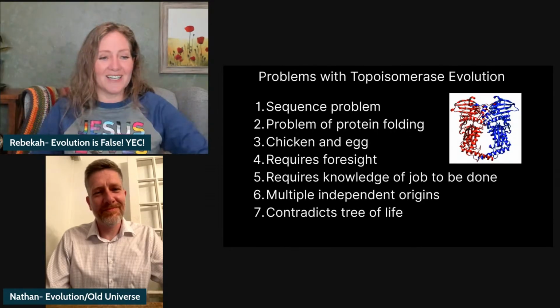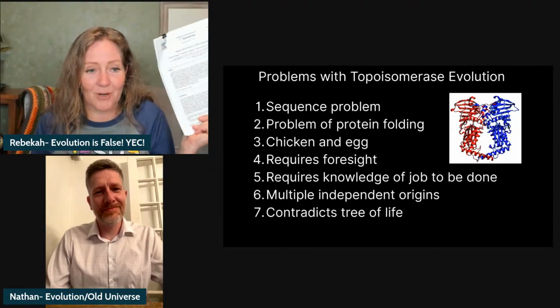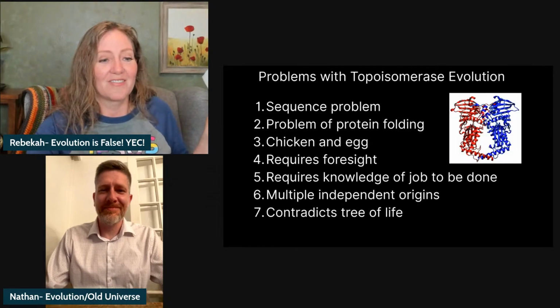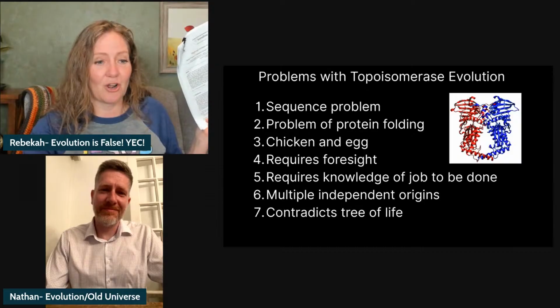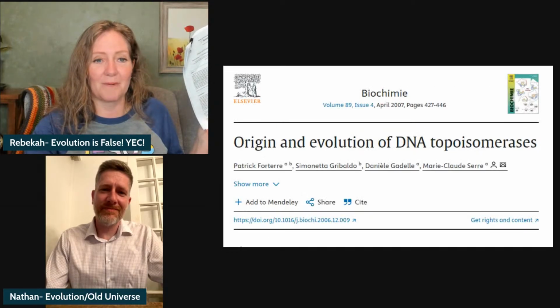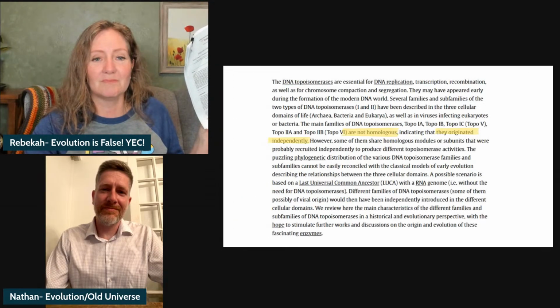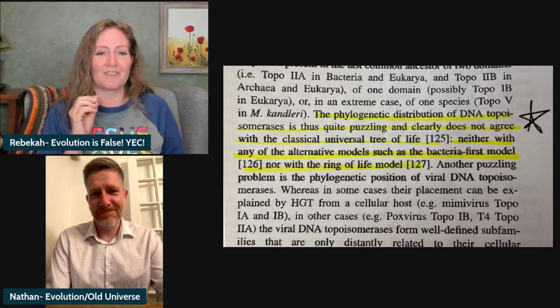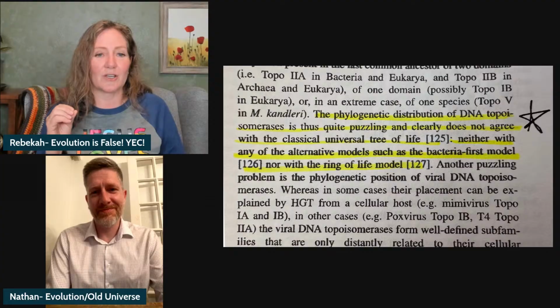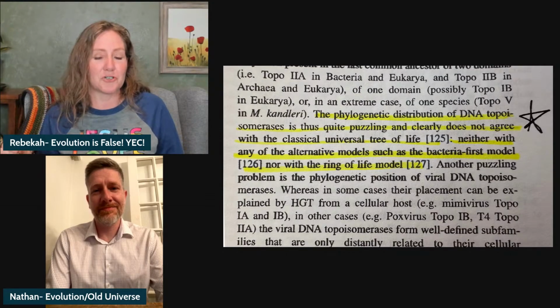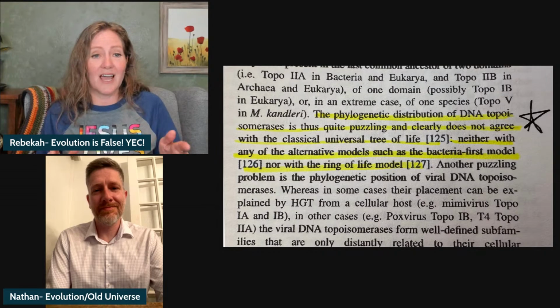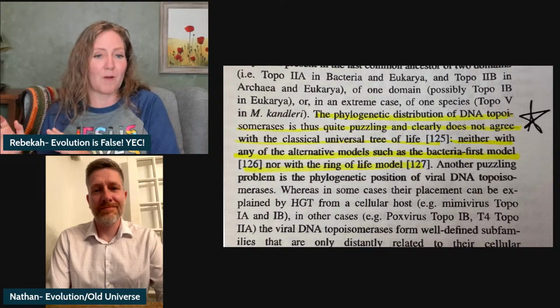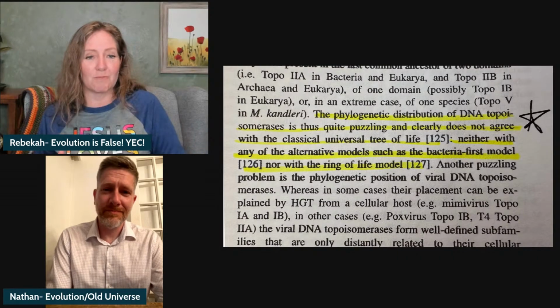We cannot, and this is straight up in this paper, I've got a quote here, and I'll show it later if I need to. Actually, I'll just show it right now. It says the phylogenetic distribution of DNA topoisomerases is thus quite puzzling and clearly does not agree with the classical universal tree of life, neither with any of the alternative models, such as the bacteria first model, nor with the ring of life model.